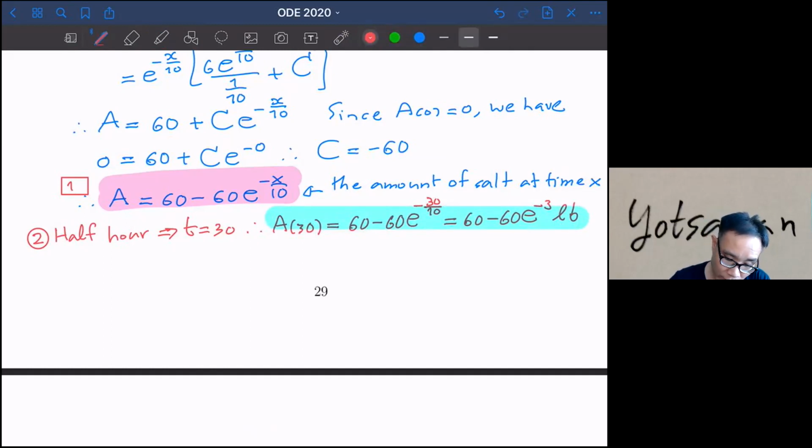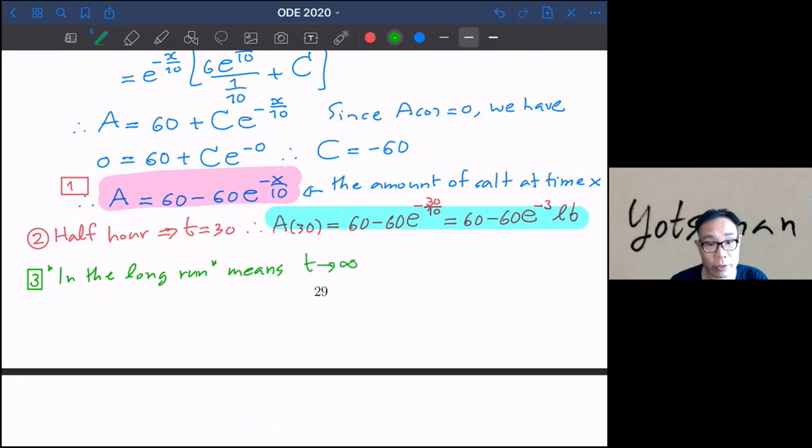And finally, the third question. For the third question, it's going to be in the long run. In the long run, in this case, means you have t go to infinity.